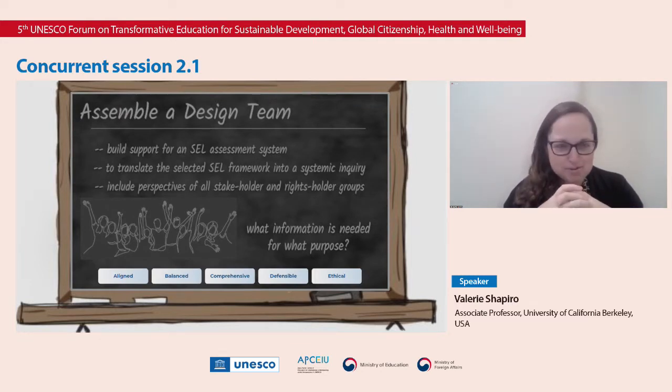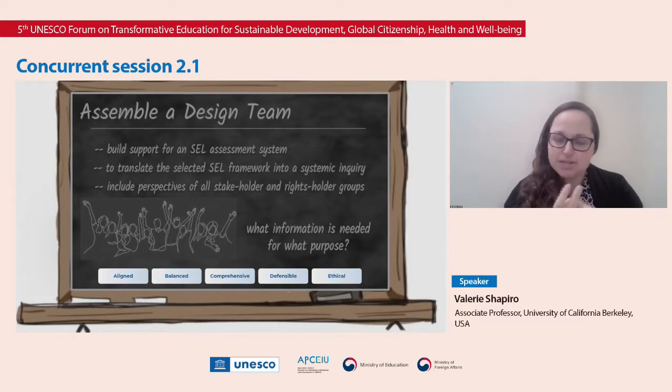Then we propose that it is very important to assemble a design team. This design team is intended to include the perspectives of stakeholder and rights holder groups, such that you understand the decision makers and the decisions they're making in the decision context that they're making it, such that the information that you gather will be relevant and usable and inclusive of all these different perspectives.